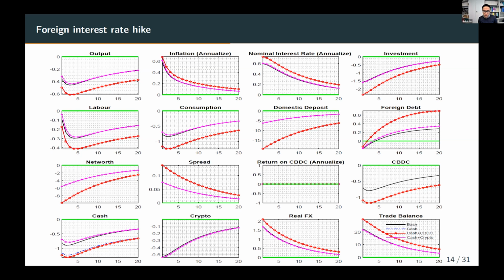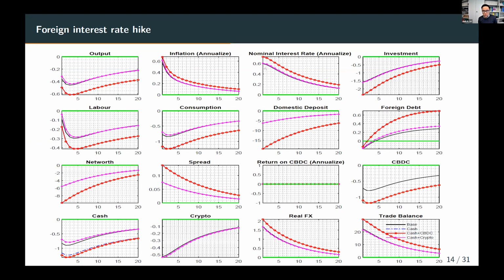The base model is CBDC plus crypto plus cash. The blue line is the model with only cash. The red line is cash and CBDC, and the purple is cash plus crypto.